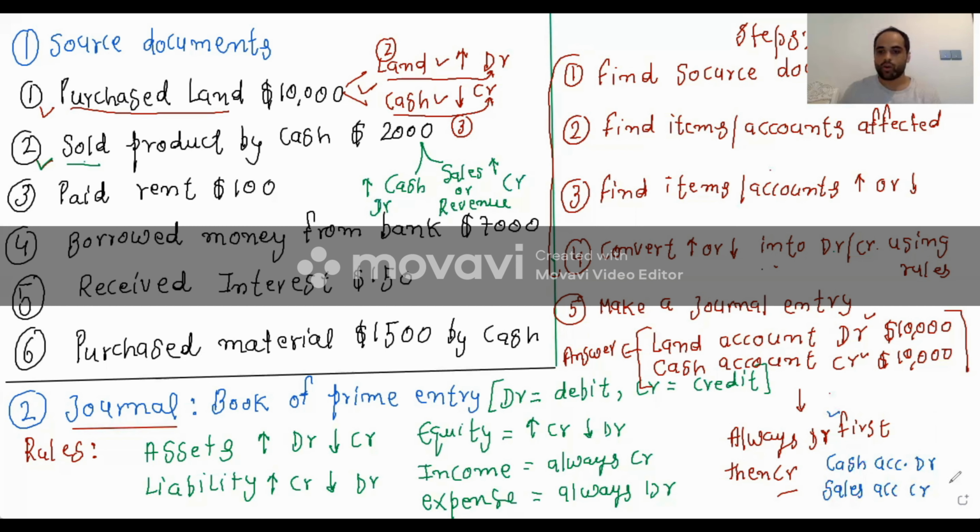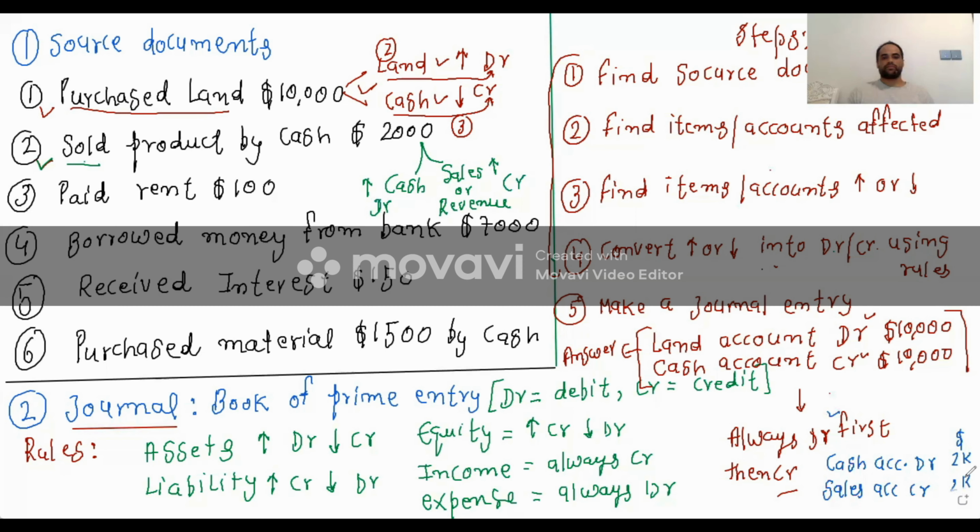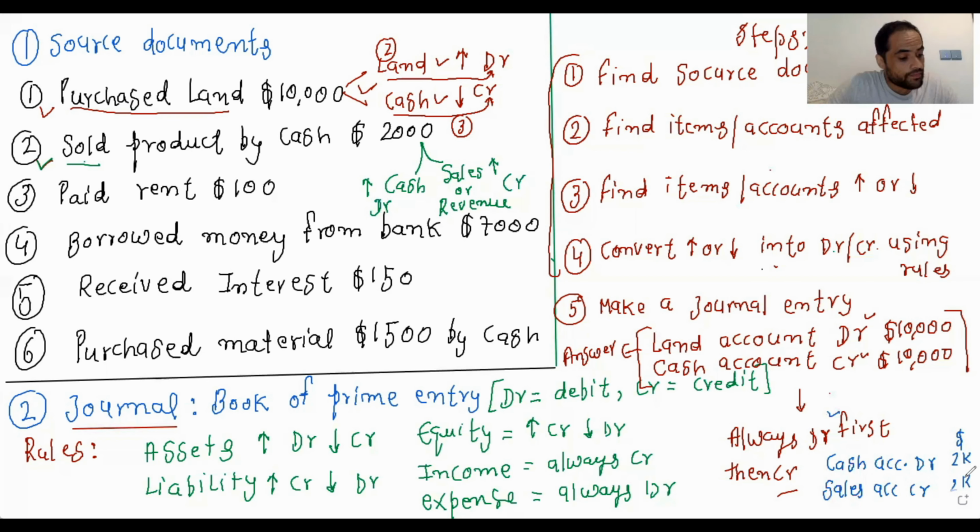Always remember, amounts are always equal. The amount is $2,000 and 2,000. That's all. That's your number 2. Is that okay? Is it fine?